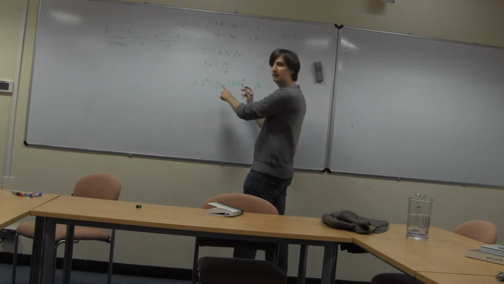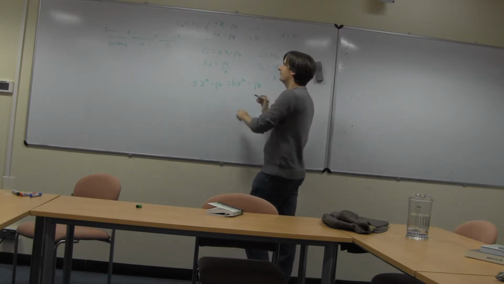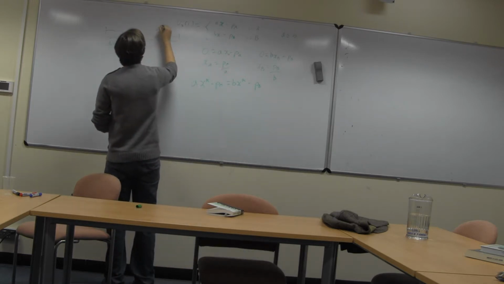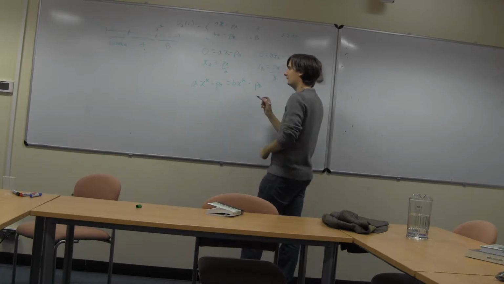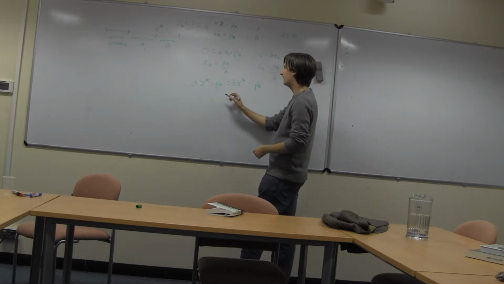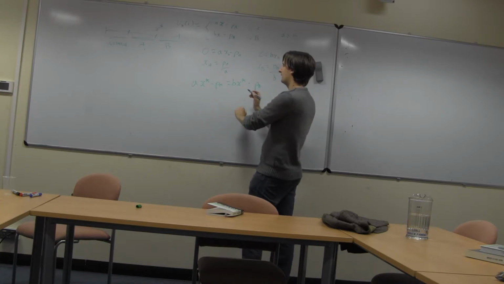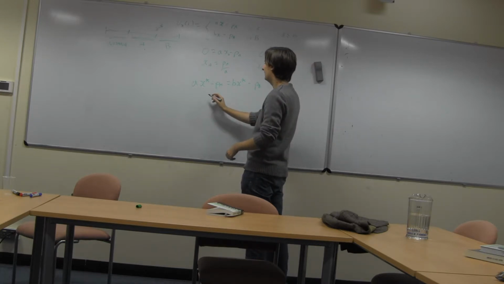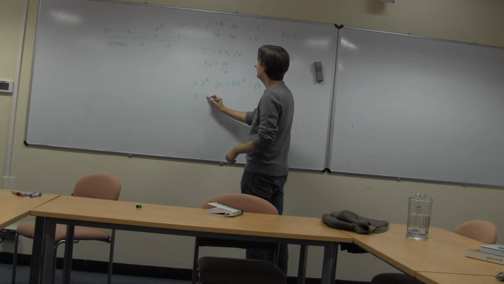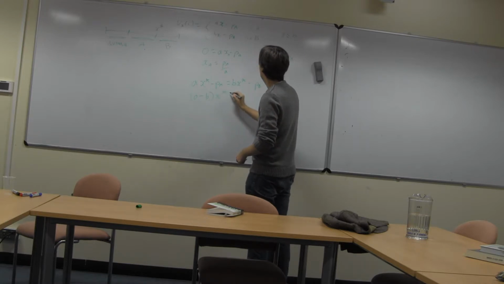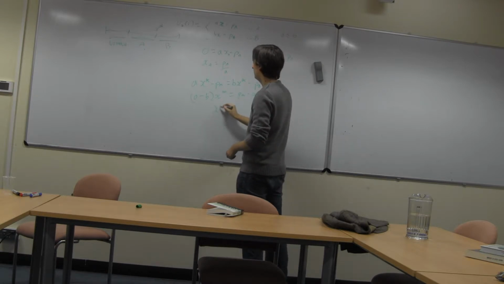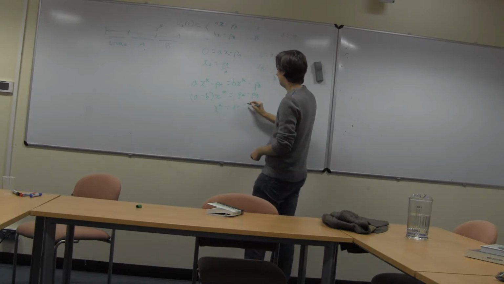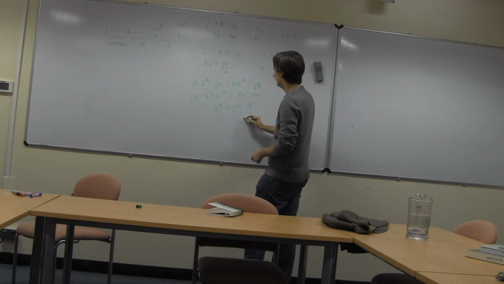Just as in a standard Hotelling setup, we can use this to solve for where an indifferent consumer would be, if there was one. Putting PA on the other side and dividing, we have A minus B times X star is PA minus PB. So X star is PA minus PB over A minus B.